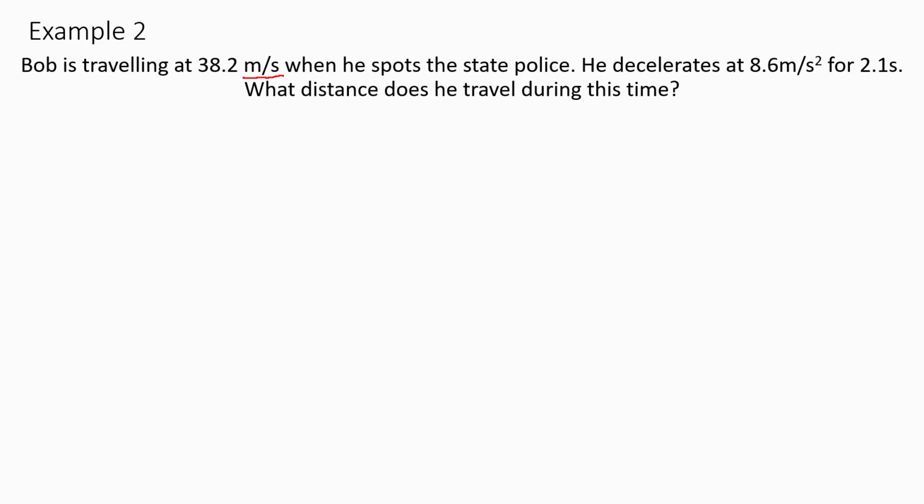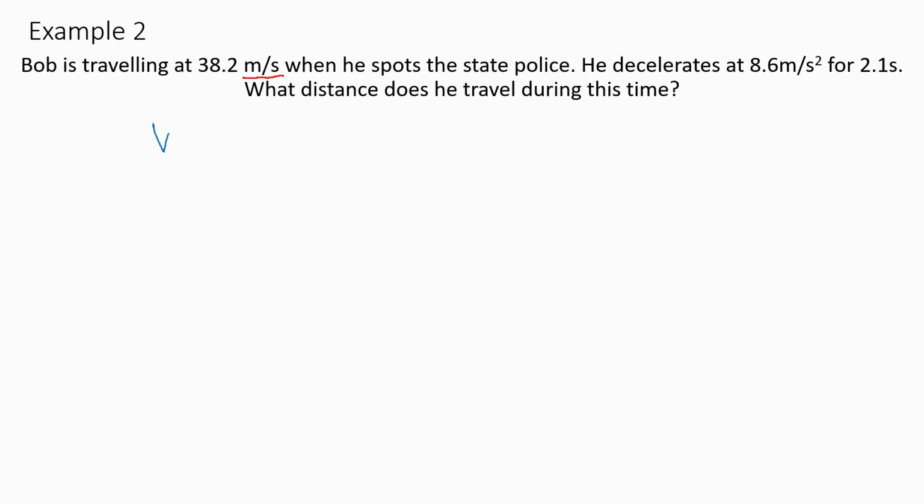What distance does he travel during this time? So the data given here can be written down as this is his initial velocity and he decelerates. So we don't know the final velocity.